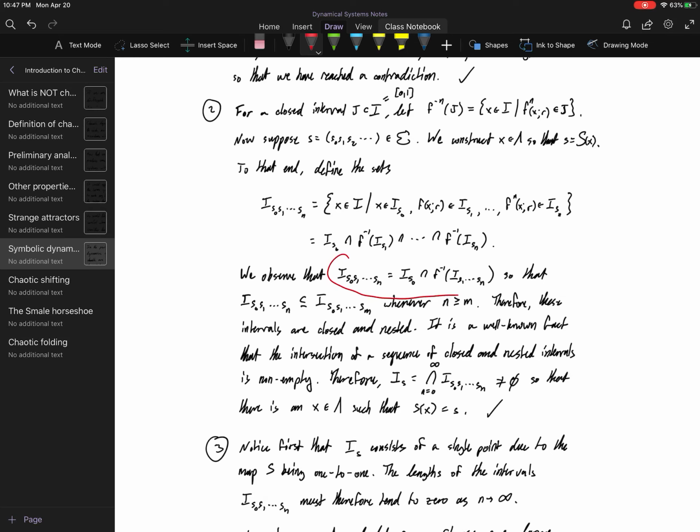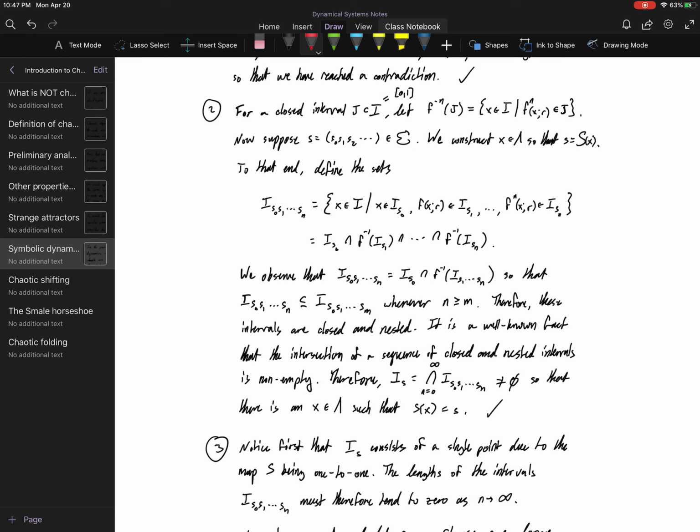And the big crux of the argument is the fact that these sets are nesting inside of one another, right? These intervals get smaller and smaller and are still closed, because we haven't established it yet, but we will show that this is a continuous open mapping. So these intervals keep nesting inside one another.